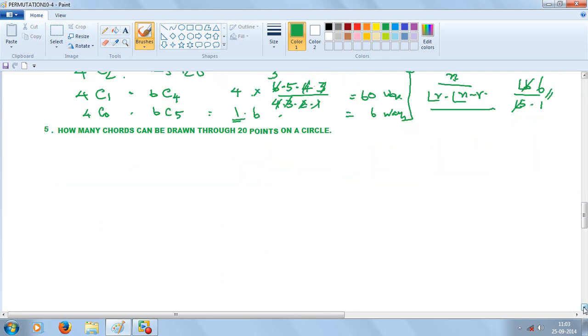So next problem: how many chords can be drawn through 20 points on a circle? So in how many ways can the chords be drawn?